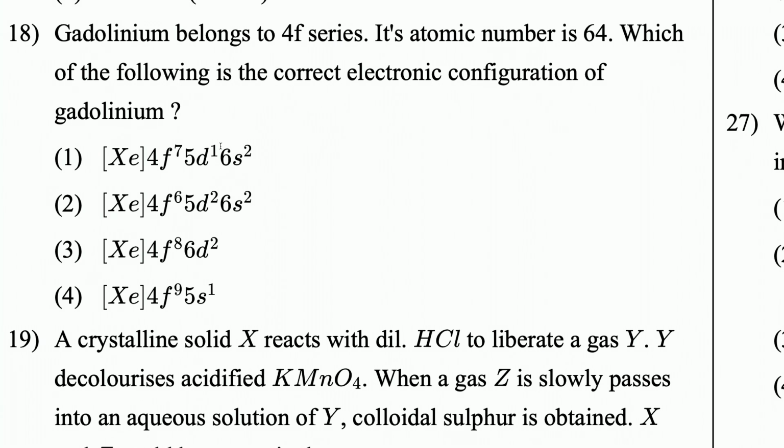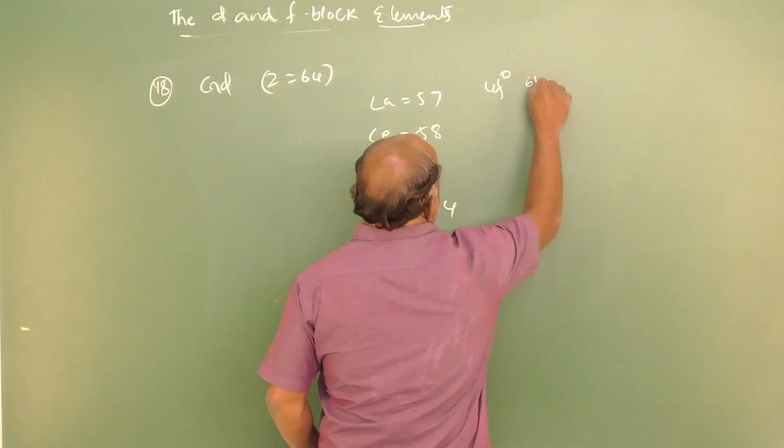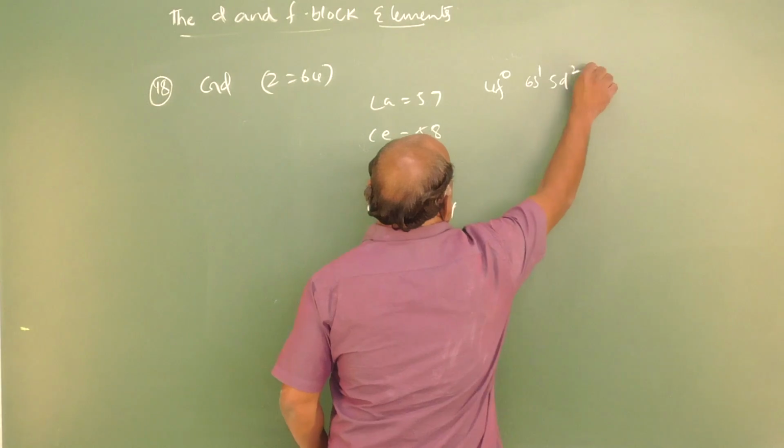Gadolinium, Z equals 64. I said lanthanum 57, cerium 58, gadolinium 64 and lutetium 71. Lanthanum is 4f0, and we should write 6s1 5d2.